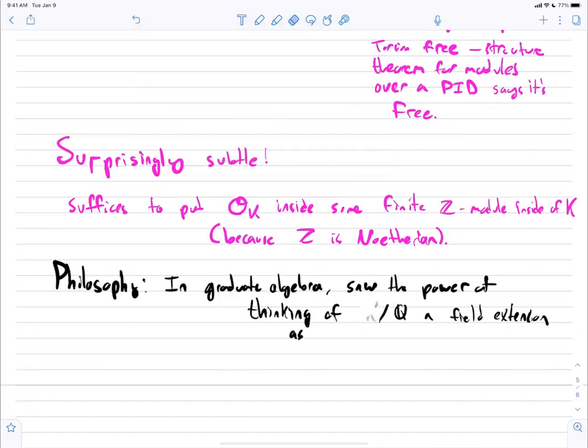Say L over K as a vector space. This is how you define degree. If L over K is a field extension, in particular, L is a K-vector space, and you can just take the degree to be the dimension of that K-vector space. And degree encoded all sorts of useful properties. It's very rigid. It multiplies in towers. And this ends up being a key tool to how we investigated fields in an algebra class.